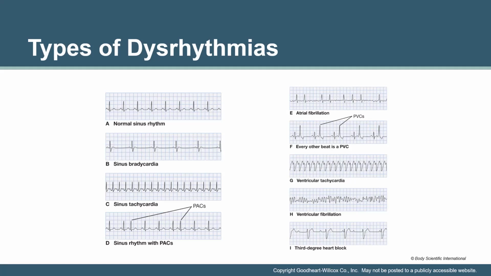Sinus bradycardia is a normal heart rhythm with a rate below 60 beats per minute. It's common in athletes, a slower heartbeat because they're strong. If you're not an athlete, it could be from a different reason. Sinus tachycardia is a normal rhythm with a rate above 100 beats per minute.